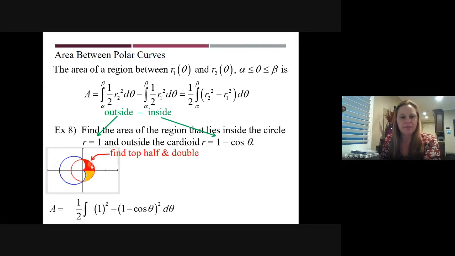This top half of the shaded area, which I colored in, is identical to the bottom half. So we can simplify our problem by finding just the top half of this area and then doubling it, because then we've got both of these. So then my 2's cancel. Nice.